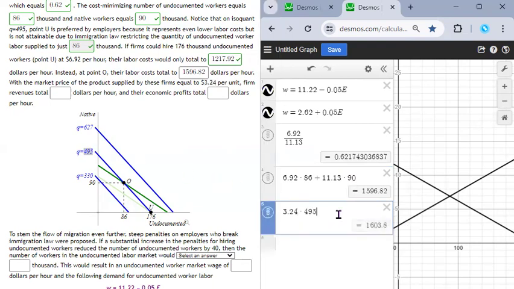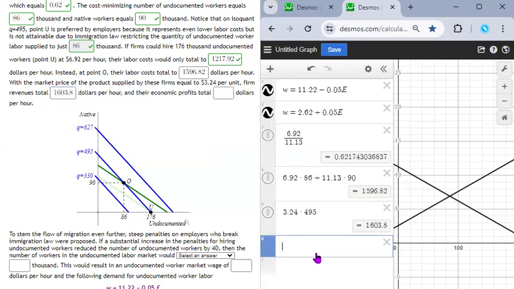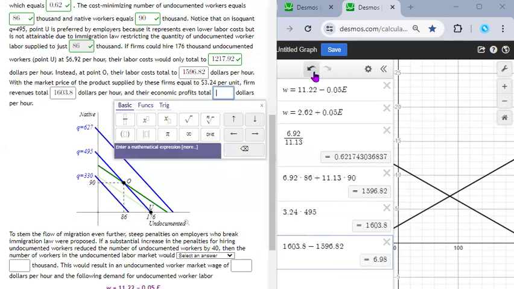So the revenue generated anywhere along this blue line is $1,603.80, right, per hour. The economic profit is the difference between it and the cost. Here's the labor cost. And the profit is $698.